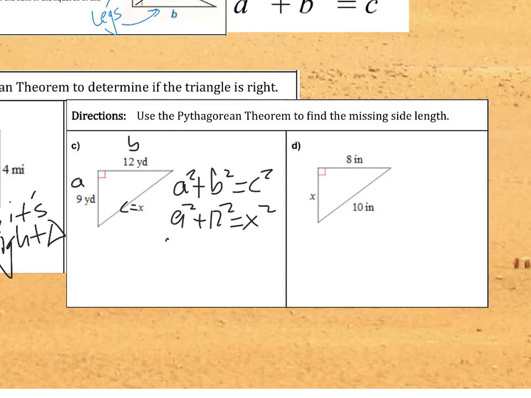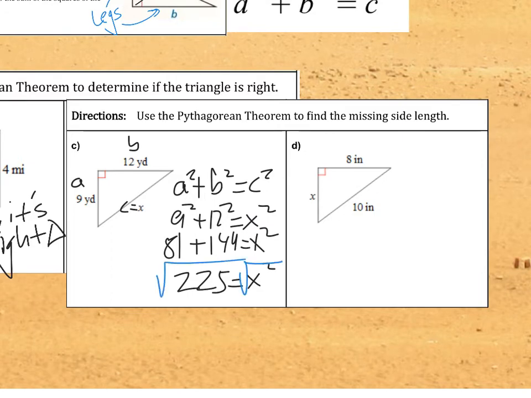And this comes out nicely. 144. Yep. And this gives us 225, and the opposite of squaring, we got a squared here. The opposite of squaring is a square root, right? So let's square root both sides, and we've got our 15.